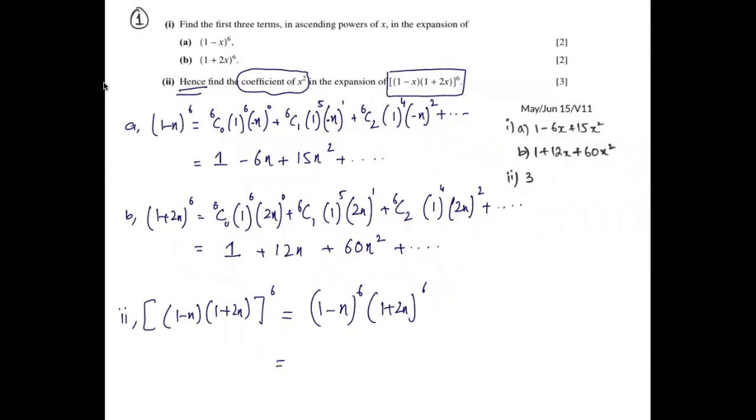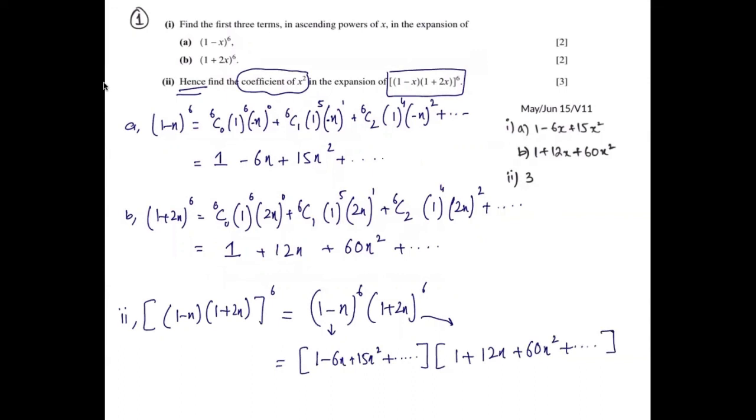Right, they are the same expressions. So the expansion of 1 minus x to the power of 6 up till the first three terms was 1 minus 6x plus 15x squared. And the expansion of 1 plus 2x to the power of 6 till the first three terms was 1 plus 12x plus 60x squared.